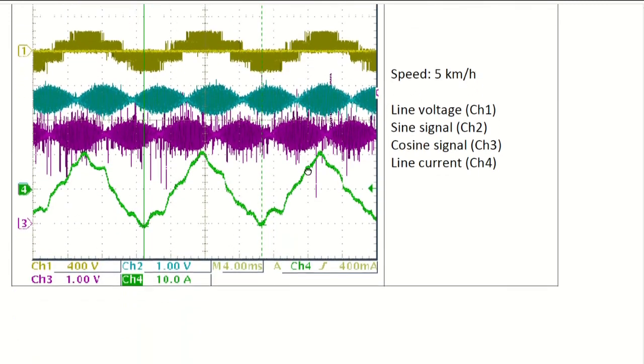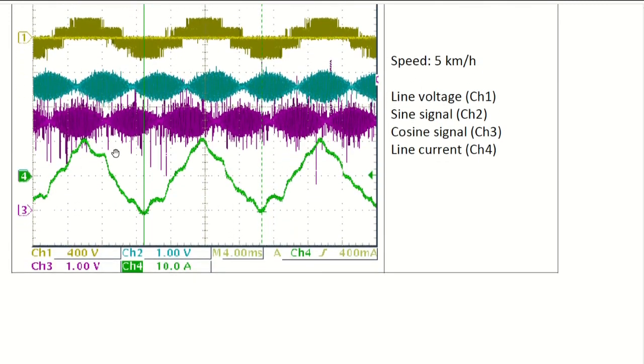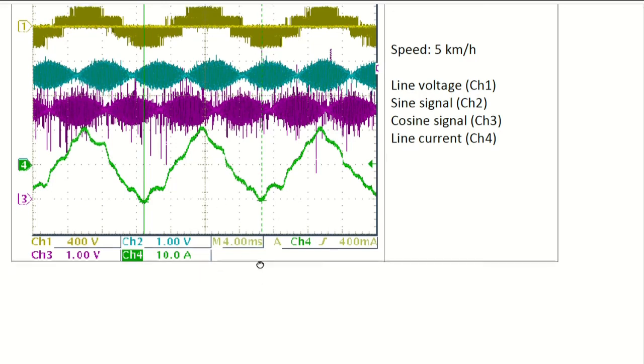And we have some experimental results with the current when we drive it at 5 kilometers per hour, with the voltage of the inverter being applied to the motor and the current taken from the motor. So they use this resolver to synchronize the control with the position of the motor.